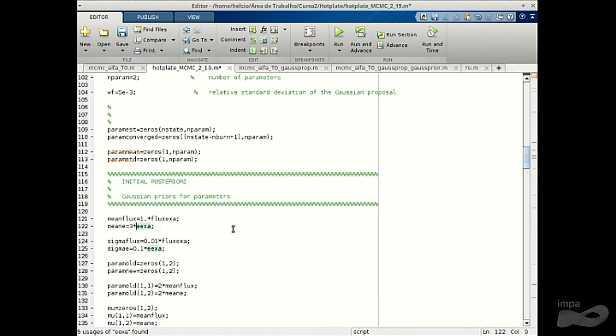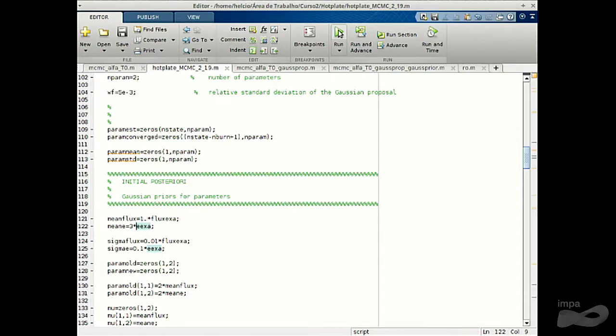So we already calibrated the sensor, and now we are measuring the effusivity of a different material, okay? So we are giving a very informative prior for the flux, but a very lousy prior for the effusivity, okay?